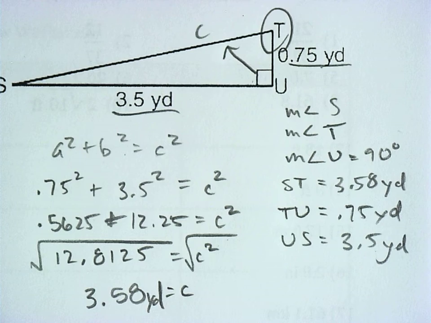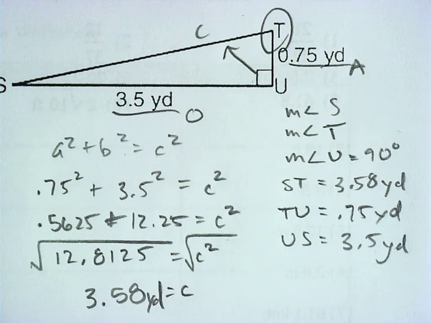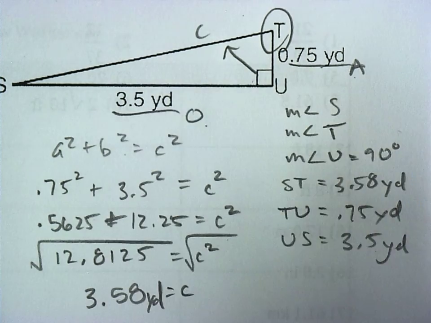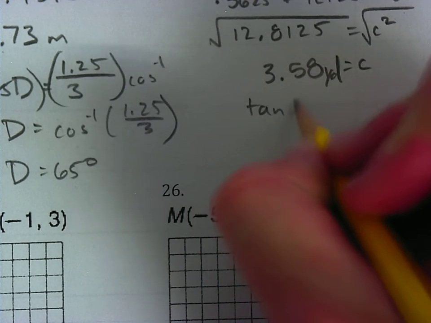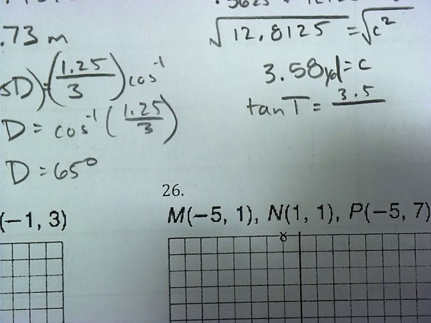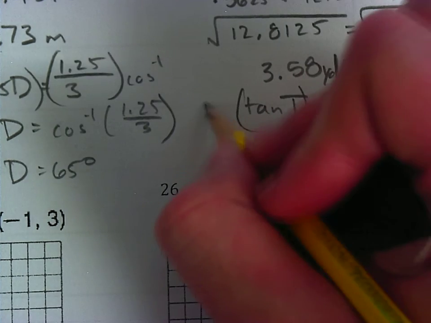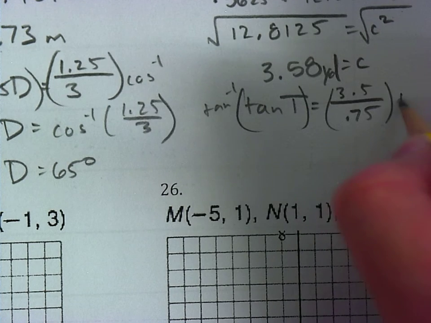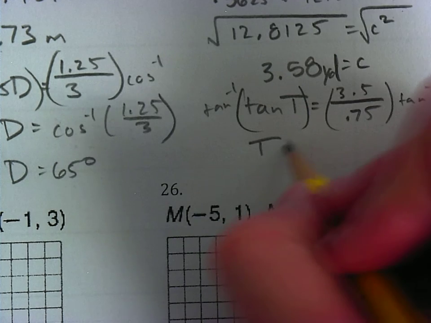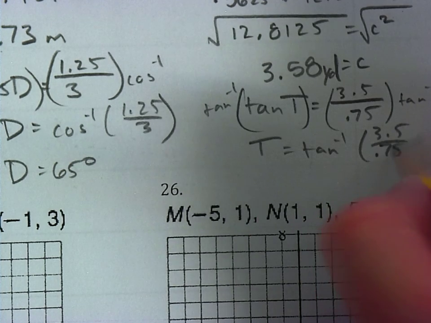Well, to find angle T, we're just using what they gave us. From angle T, that's opposite and that's adjacent. So we're using tangent. Tangent is opposite over adjacent. So the tangent of T equals the opposite, 3.5, over the adjacent, 0.75. And if we're finding an angle, we're doing inverse. So T equals the inverse tangent of 3.5 over 0.75.